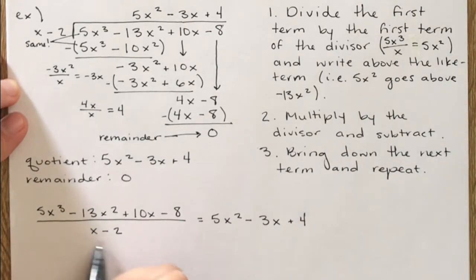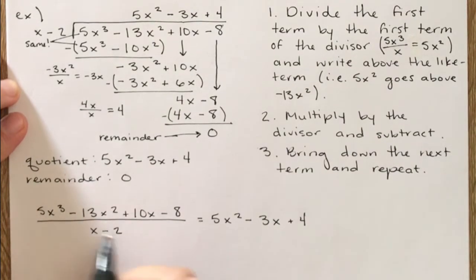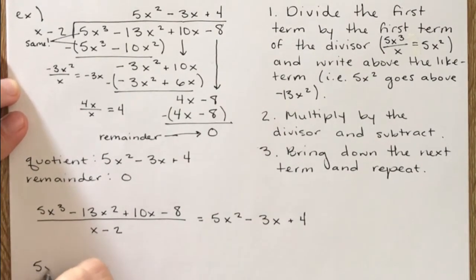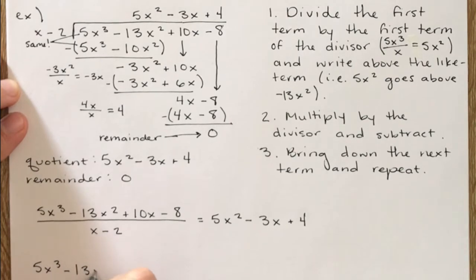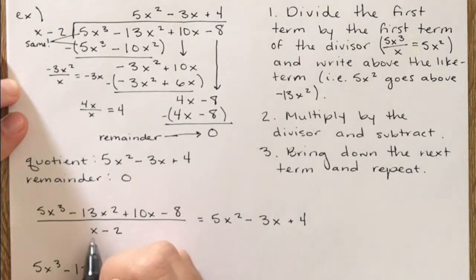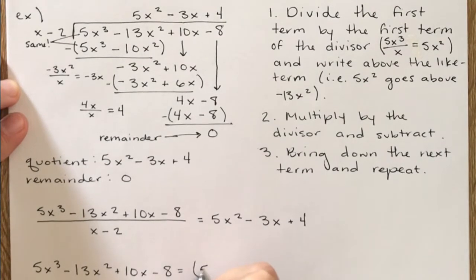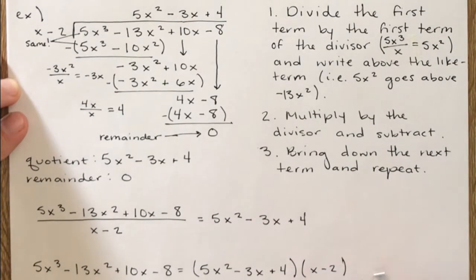So that means that if I multiplied 5x squared minus 3x plus 4 times x minus 2, then I would get this numerator. Let's write that below as well. So we have 5x cubed minus 13x squared plus 10x minus 8. And we know that that's equal to our quotient times our divisor. So this is equal to 5x squared minus 3x plus 4 times x minus 2.